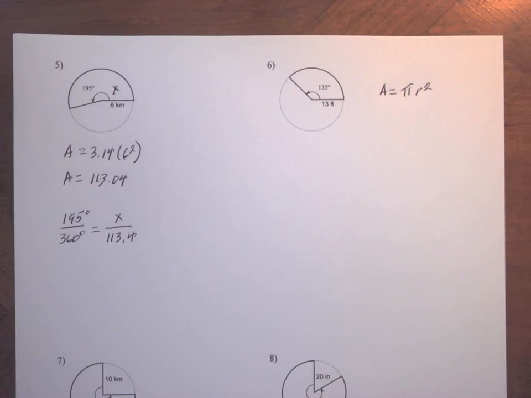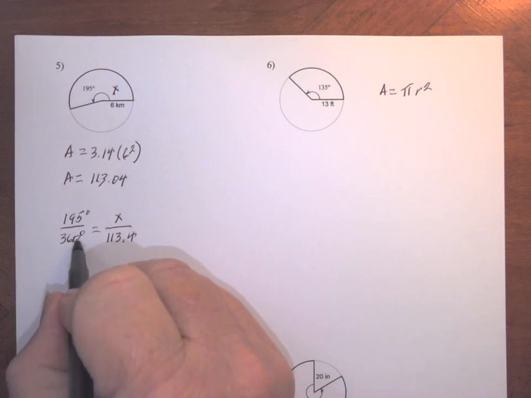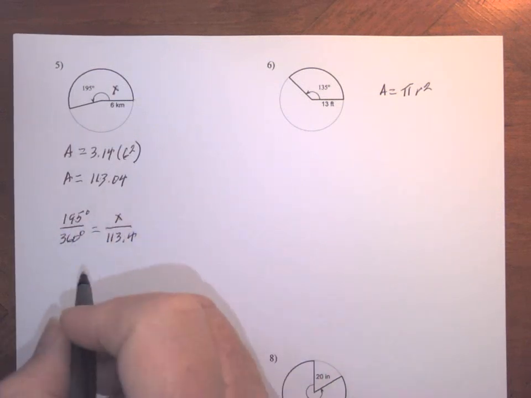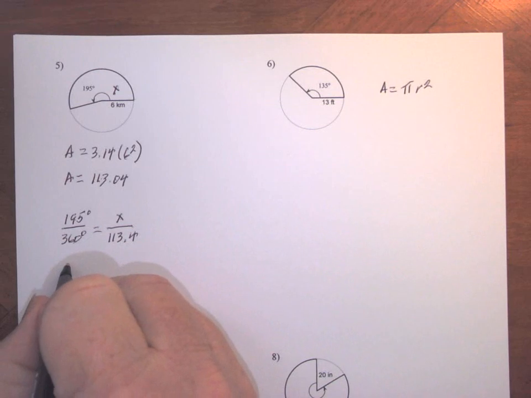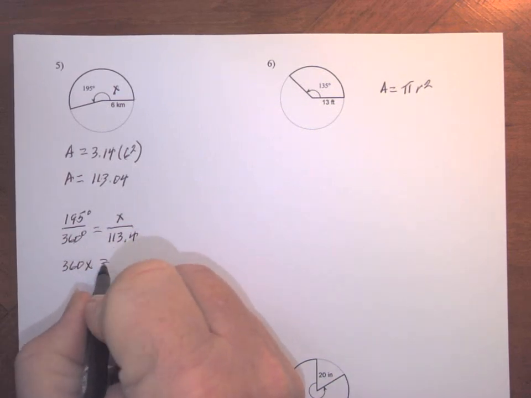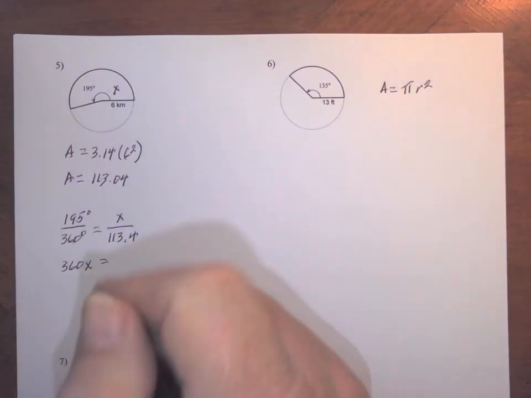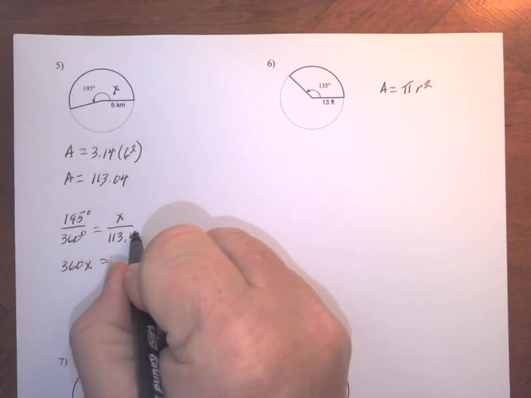Looking pretty familiar here, guys. So we do the same thing we did before. We cross multiply. And we end up with 360x is equal to 113.04.